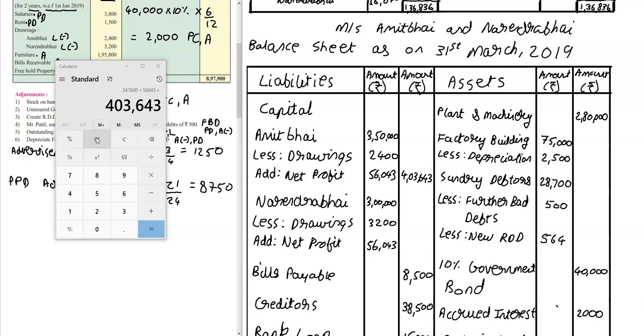Similarly, we have 3 lakhs minus 3,200 plus 56,043, which gives us 3,52,843.